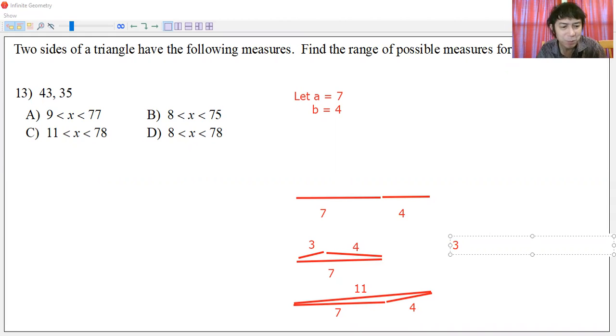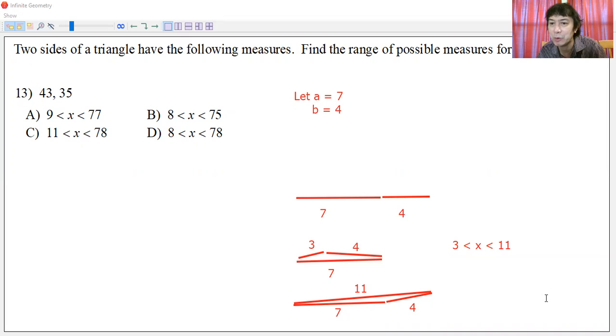If our third side is called x, then x must be greater than 3. Now, using the third and last drawing, the 11 is our approximate side, of which we cannot have 11. It must be less than 11. So x must at the same time be less than 11.